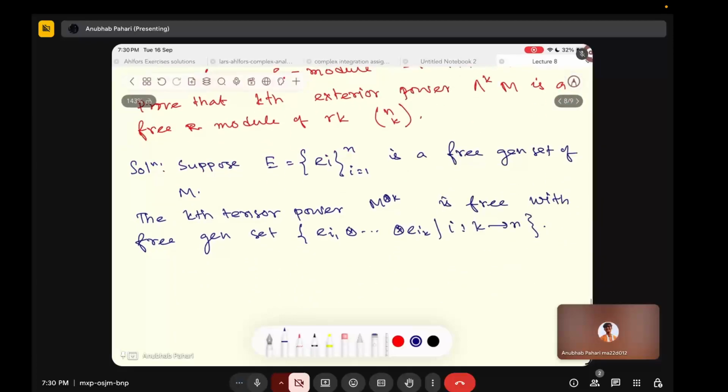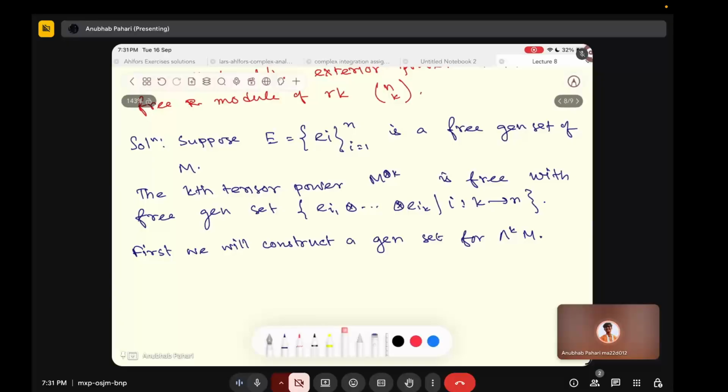Now first we will construct a generating set for your exterior power.